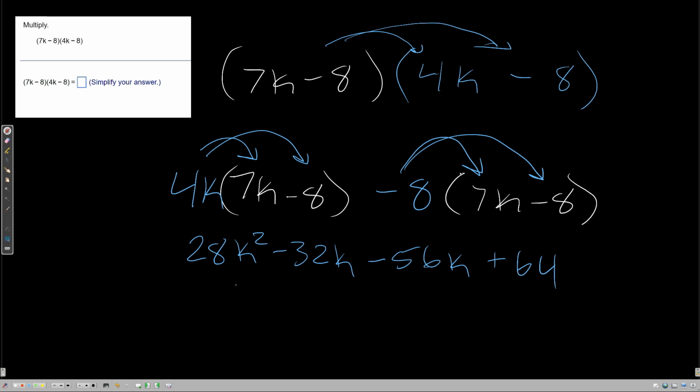Put it all together, or rather I'll say combine like terms on these two, and you would have 28k squared minus, looks like 88k plus 64.